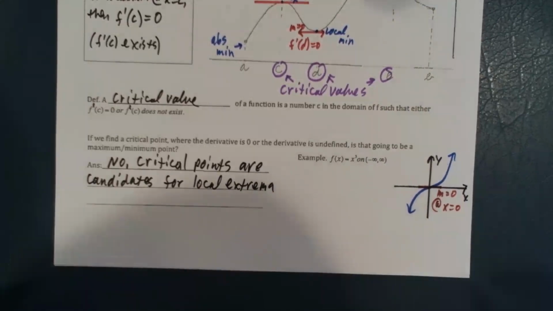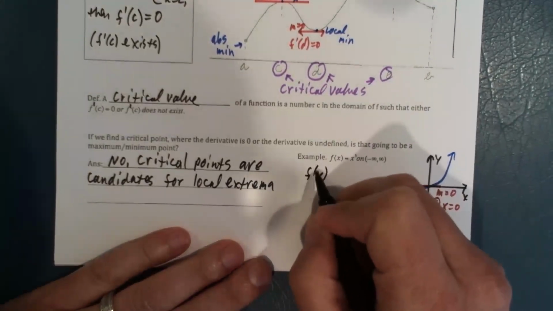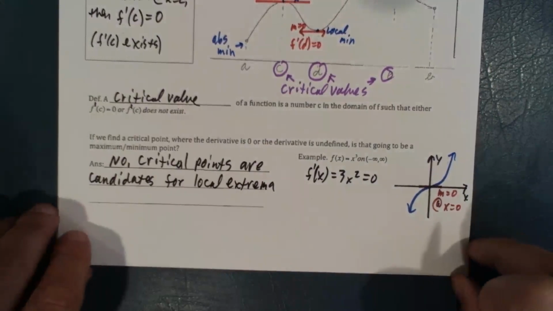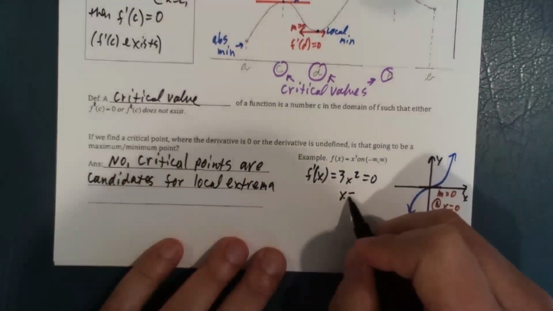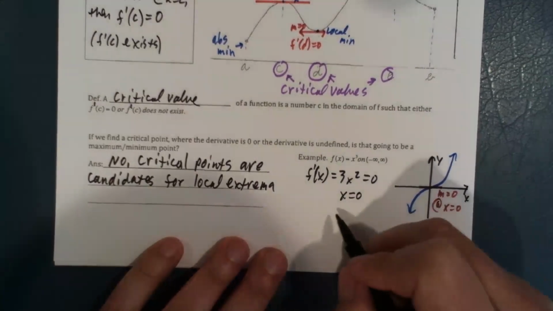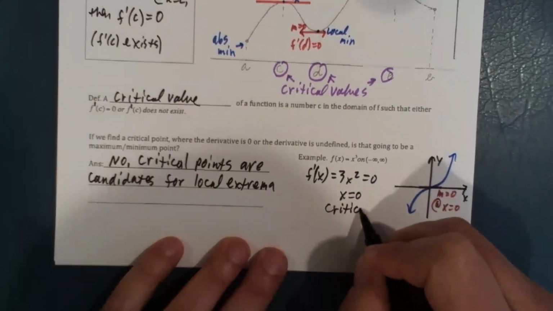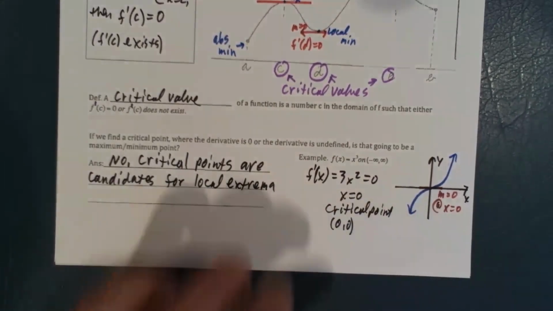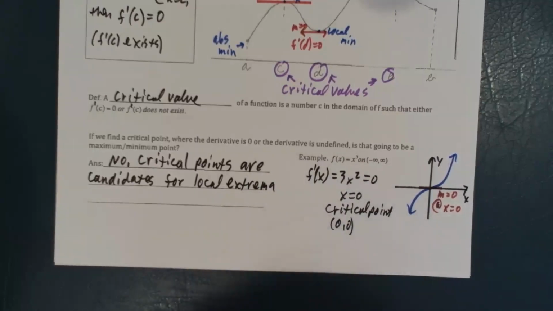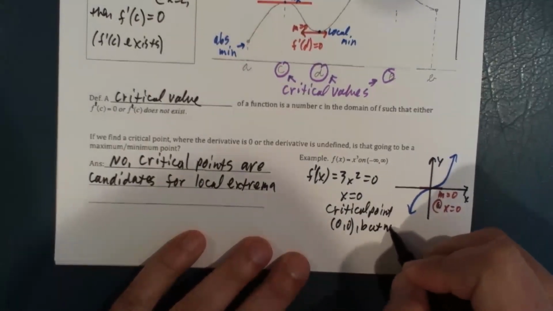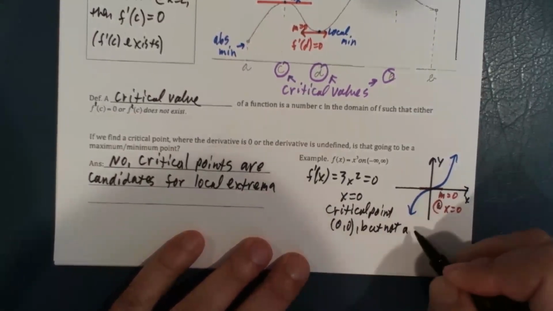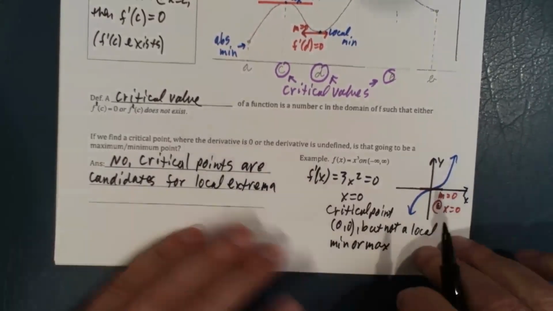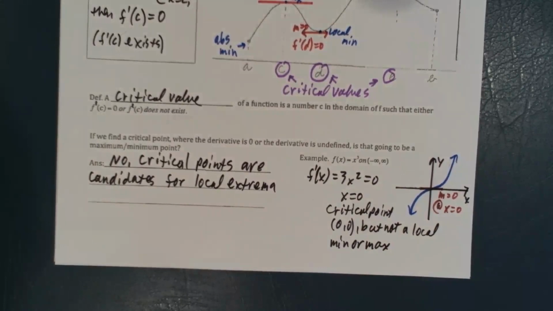And we can mathematically find that by finding the derivative and setting it equal to 0. And you can see, dividing the 3 out, taking the square root, we get that x equals 0. So we have a critical point at 0, 0, but it's not a minimum or a maximum, or extrema. That's how we would word that.